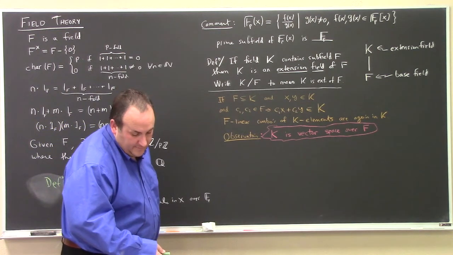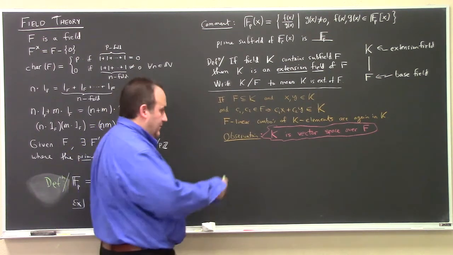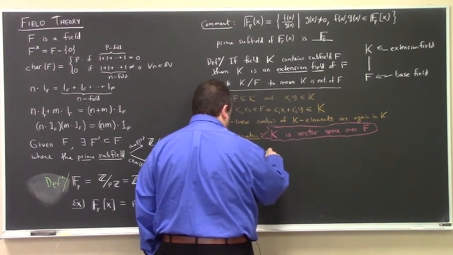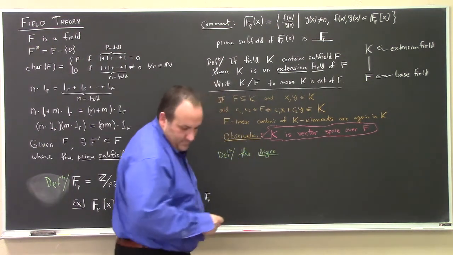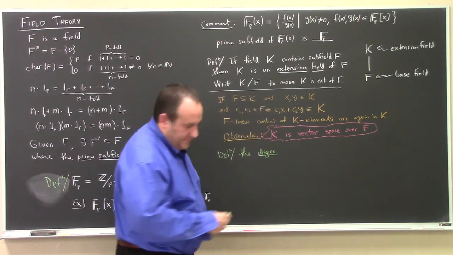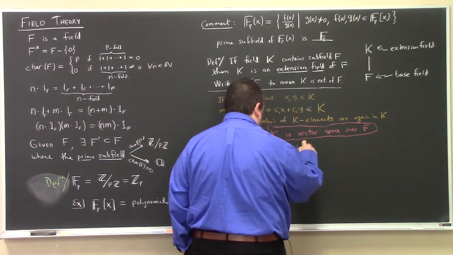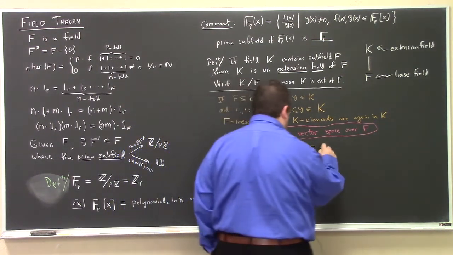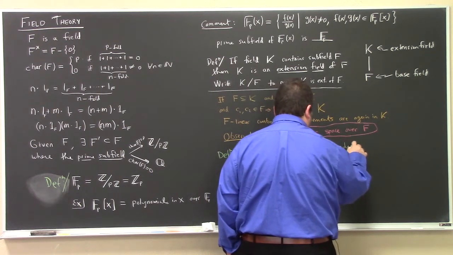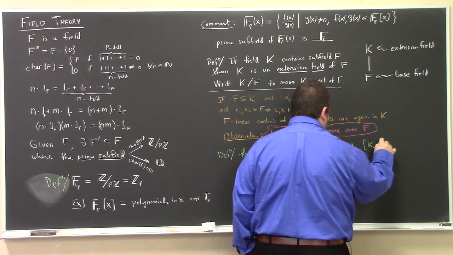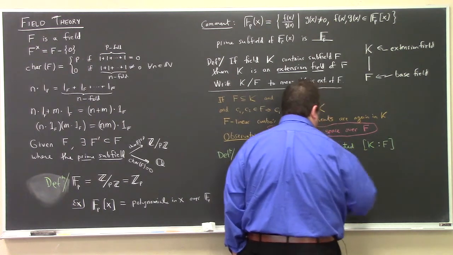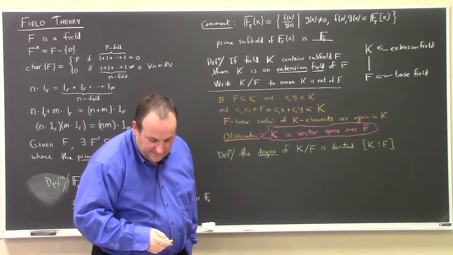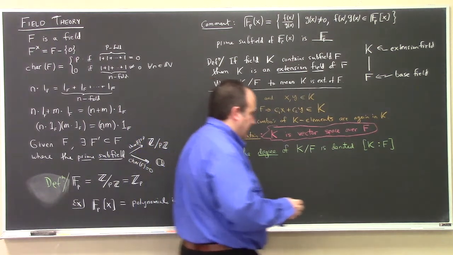So, the definition: the degree, or relative degree of K over F, is denoted K colon F, right?